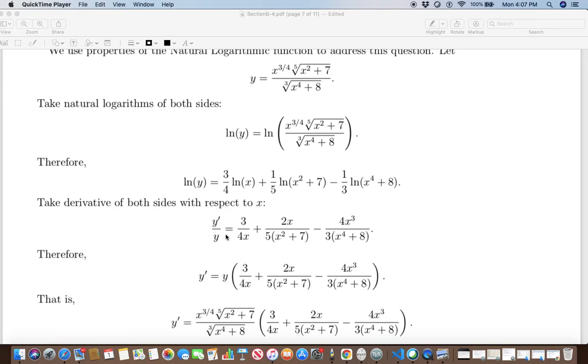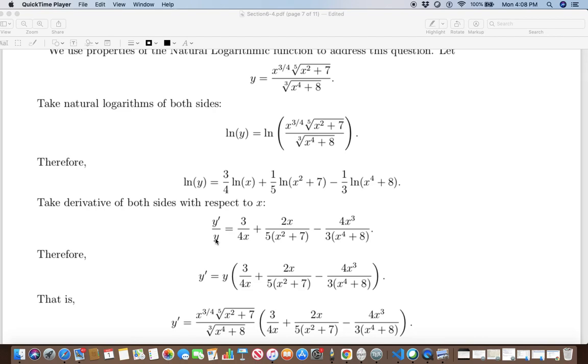So y prime over y is 3/4 times the derivative of natural log x, which is 1 over x, plus 1/5 times the derivative of natural log of x squared plus 7: x squared plus 7 comes down, and by chain rule the derivative of x squared plus 7 is 2x, that's upstairs, minus 1/3 times the derivative of natural log of x to the 4th plus 8: x to the 4th plus 8 comes down, and the derivative of x raised to 4 plus 8 is here.